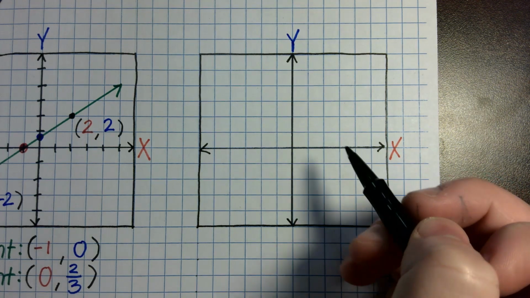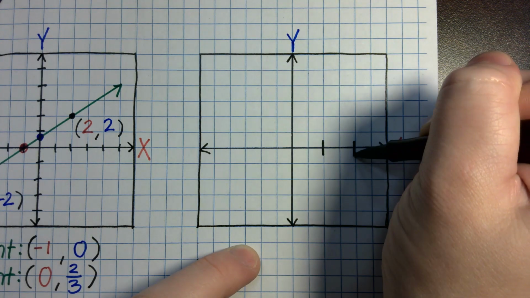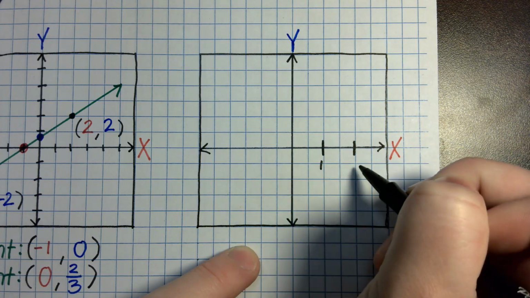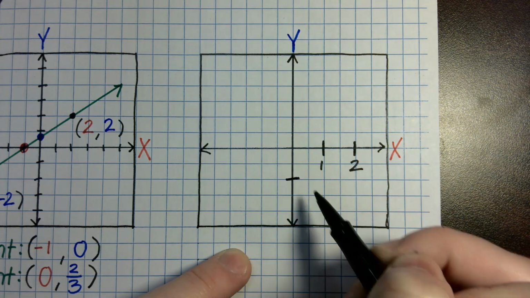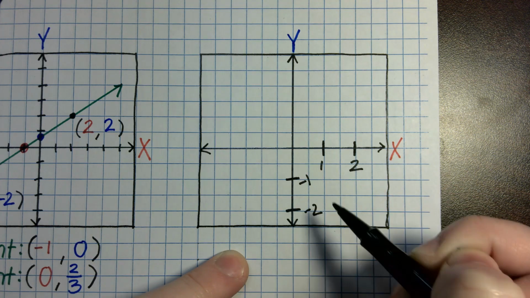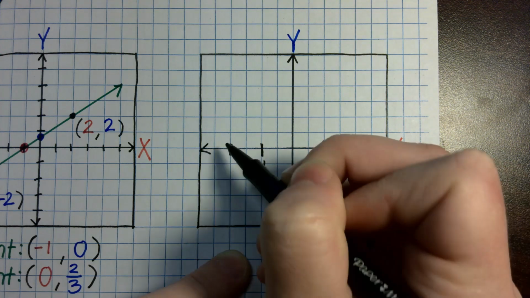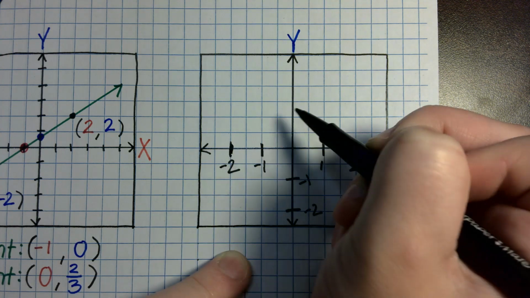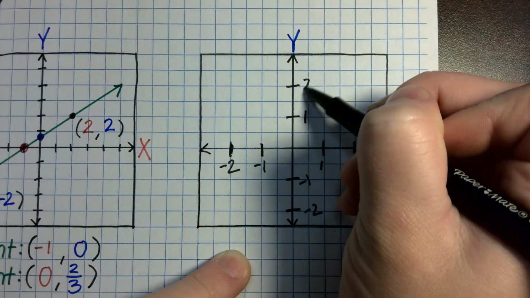Let's say I'm going to put every 2 a tick mark. So this will be 1, this will be 2. You see what I'm doing here? I'm just making it a lot more zoomed in. -1, -2, -1, -2, 1, 2.